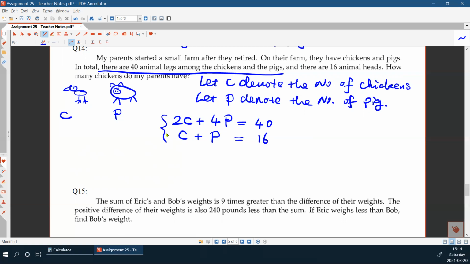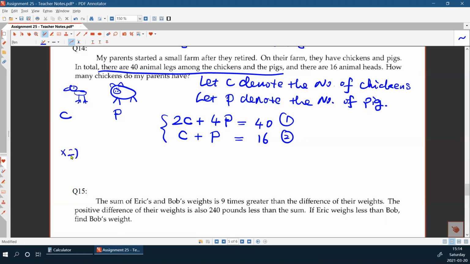So these are the 2 pieces of information that we know. And from this information, we can solve C and P, right? So let's denote these with number 1 and number 2 respectively.